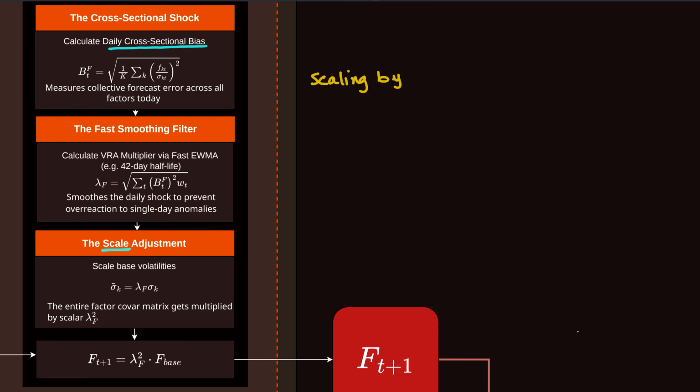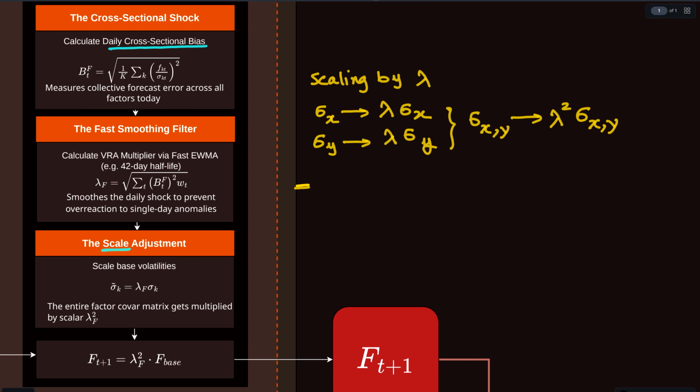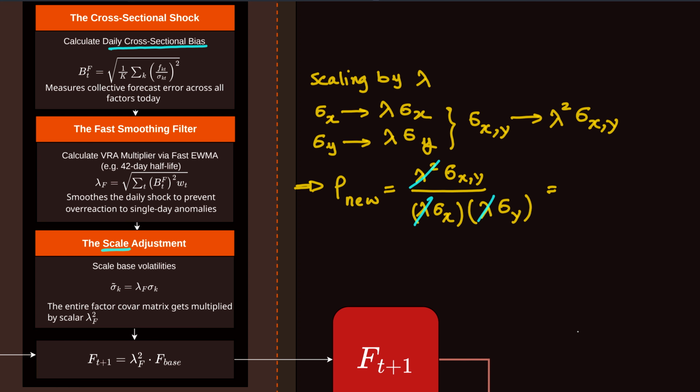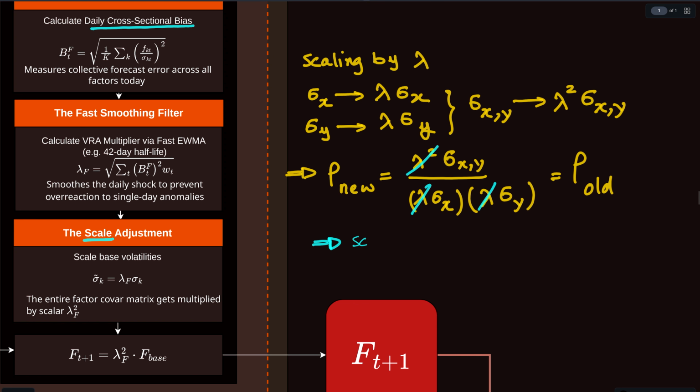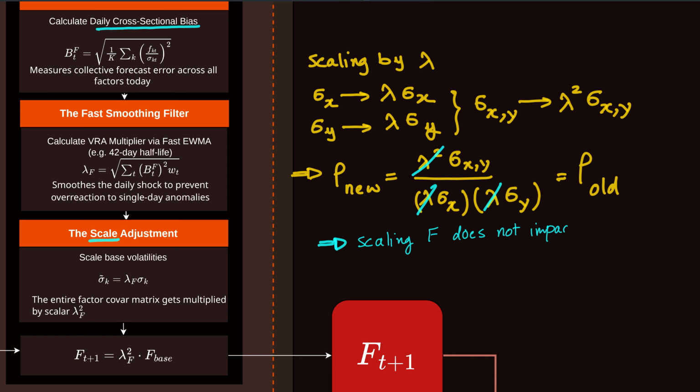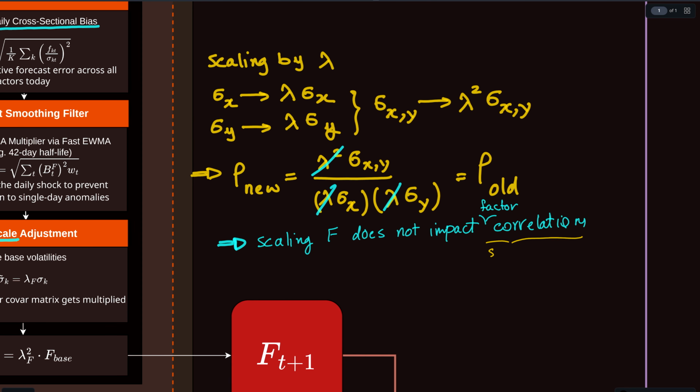And because the VRA acts as a uniform scalar multiplier across the whole matrix, it scales up the variance while mathematically leaving the underlying correlations entirely untouched. And we can write down the correlation formula, and it's evident that it doesn't change when we scale it using the VRA. So this allows the optimizer to respond to a crash on day one without corrupting the long-term structural geometry of the market.